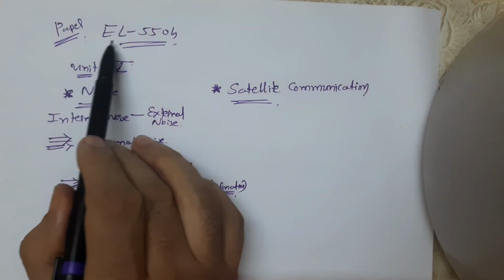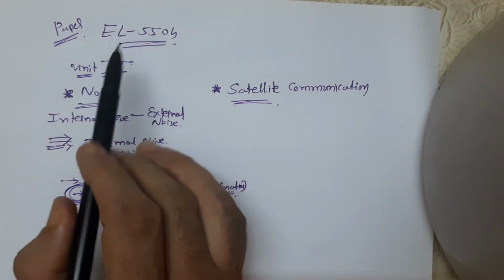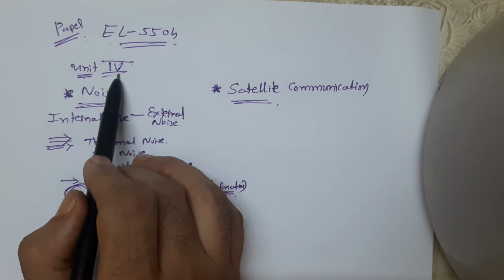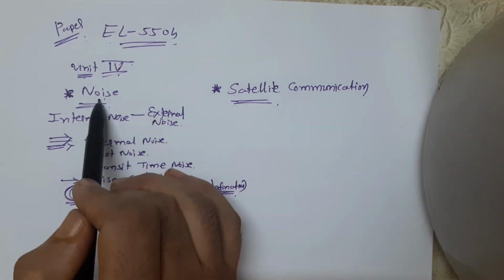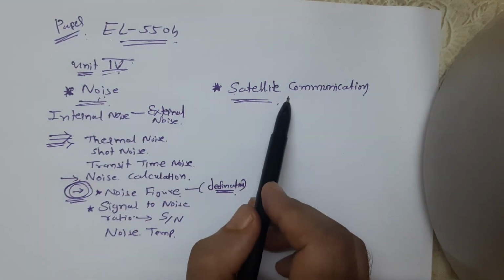So paper number EL5504 in Unit 4 has two topics, noise and satellite communication.